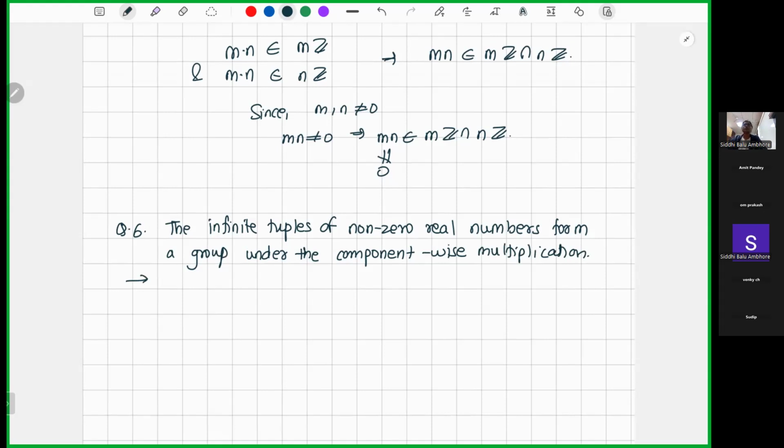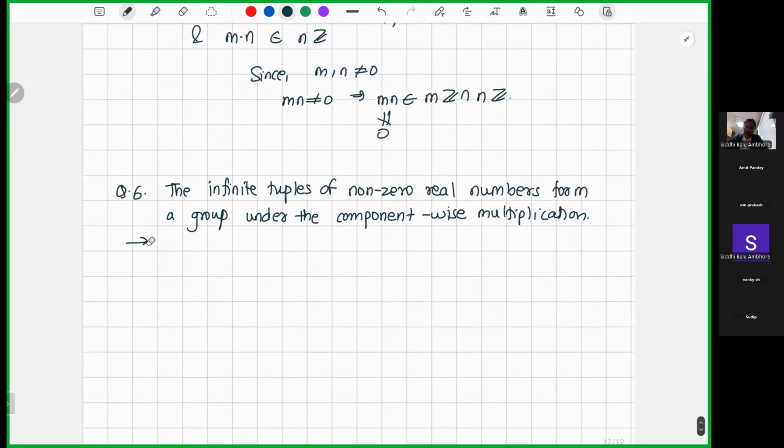So this is the question. We have to check whether this statement is true or false. So they have said that the infinite tuple of non-zero real numbers form a group under component-wise multiplication.